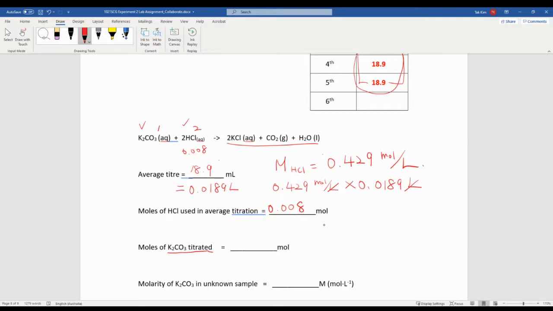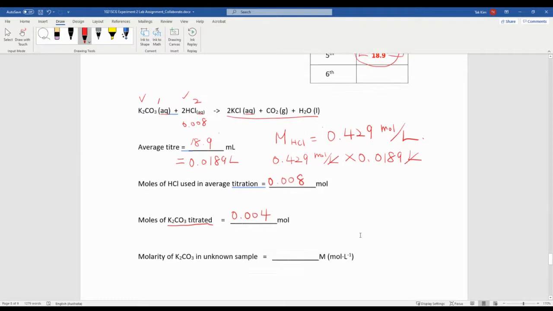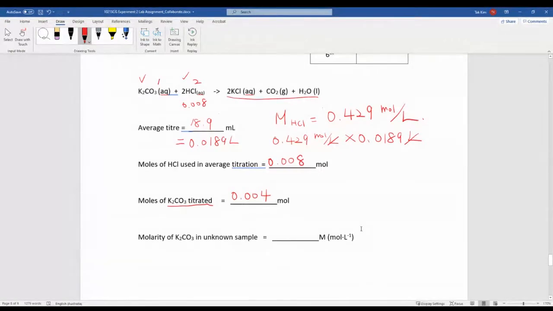So it's a 1:2 ratio or 2:1 ratio. So you just need to simply divide by 2, right? So when you do that, it'll be 0.004 moles of potassium carbonate.